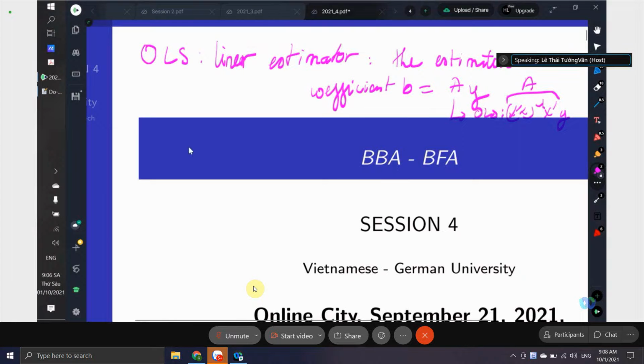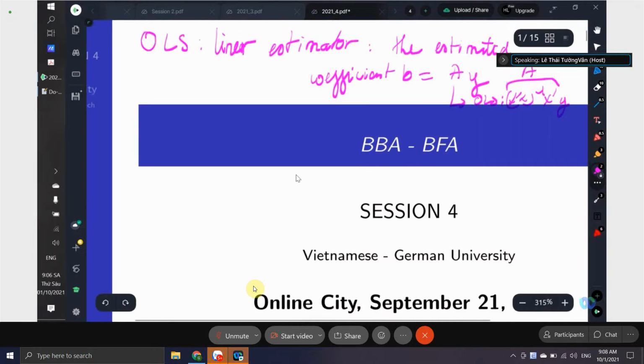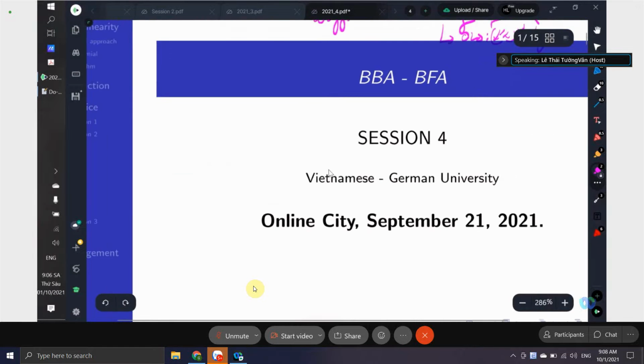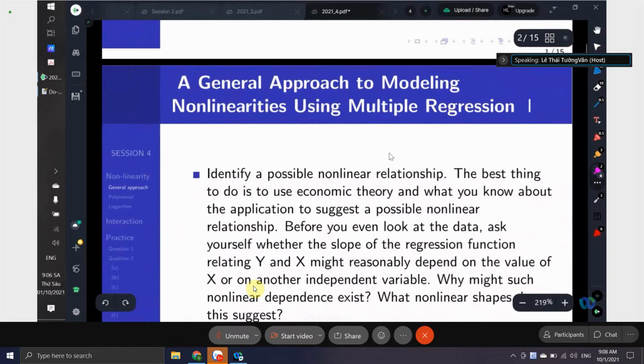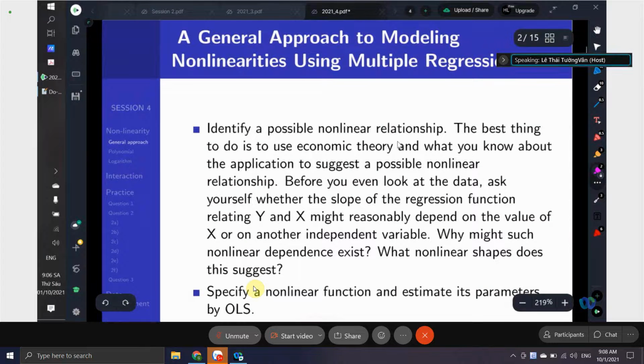So let us start with session 4: a general approach to modeling nonlinearities using multiple regression. You all have read the slides.